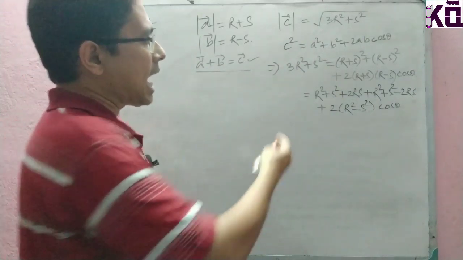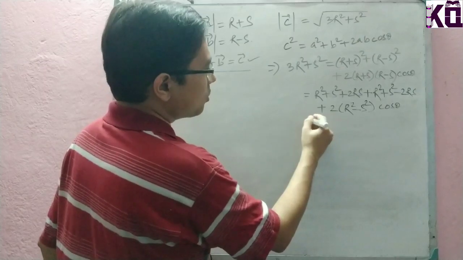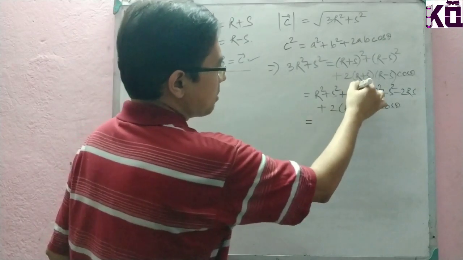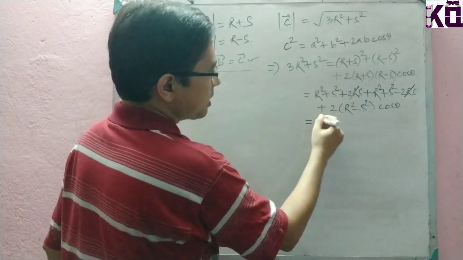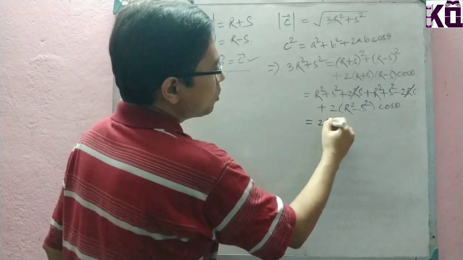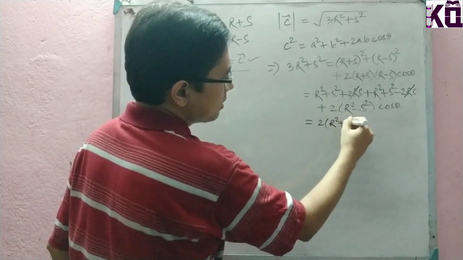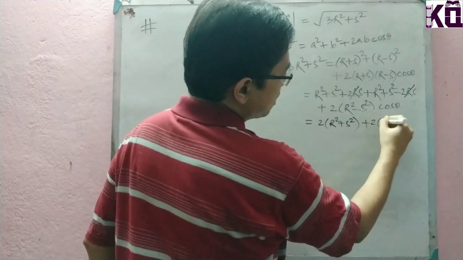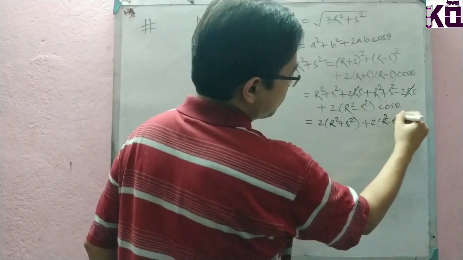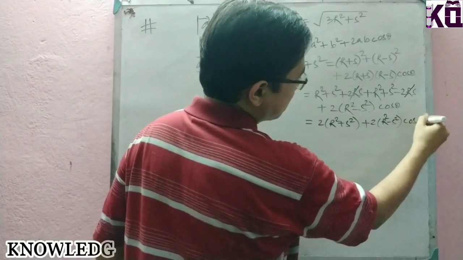So if I add these terms, then what happens? The 2rs and minus 2rs cancel out, and we get r square plus r square, that means 2 into r square plus s square, and then 2 into r square minus s square cos theta.